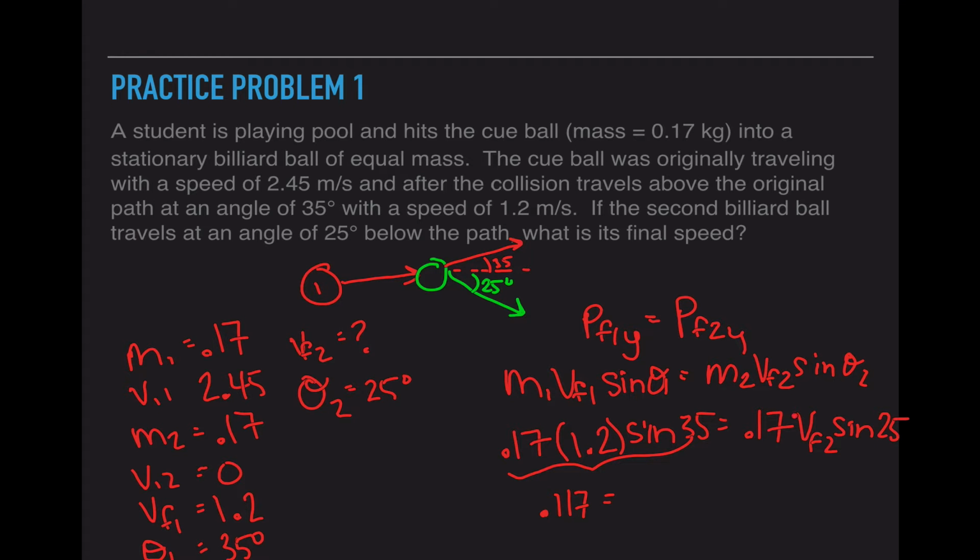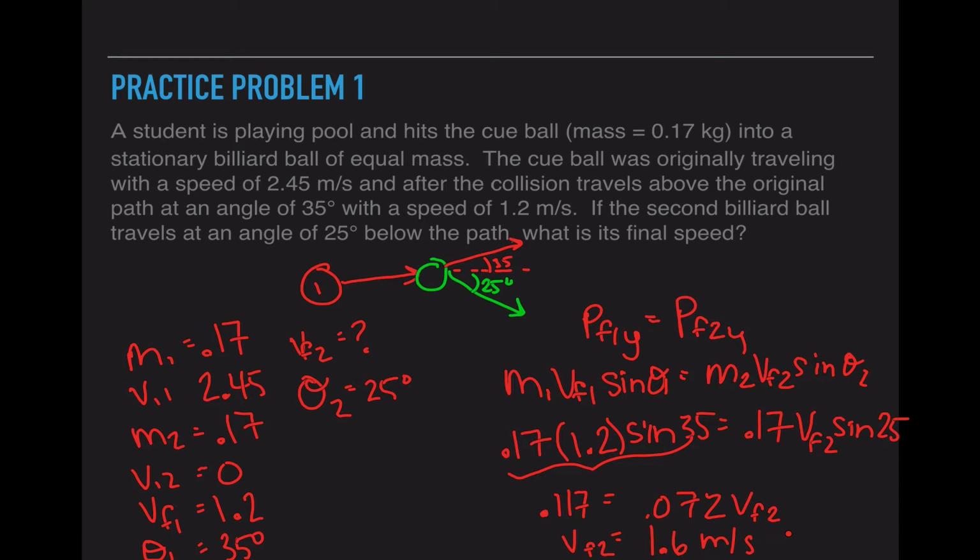If I combine 0.17 and sine 25, I have 0.072 vf2. Now in order to separate this out to get vf2 by itself, I'm dividing both sides by 0.072, and vf2 is 1.6 meters per second.